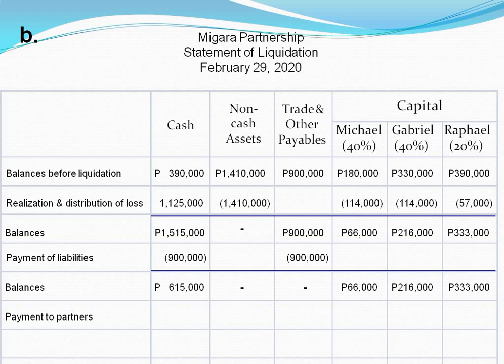And finally, the cash settlement for the partners' equity. The entire amount of cash is paid to the partners because there is no more outside liability. And so, the cash decreases by 615,000, while each of the partners' capital also decreases.